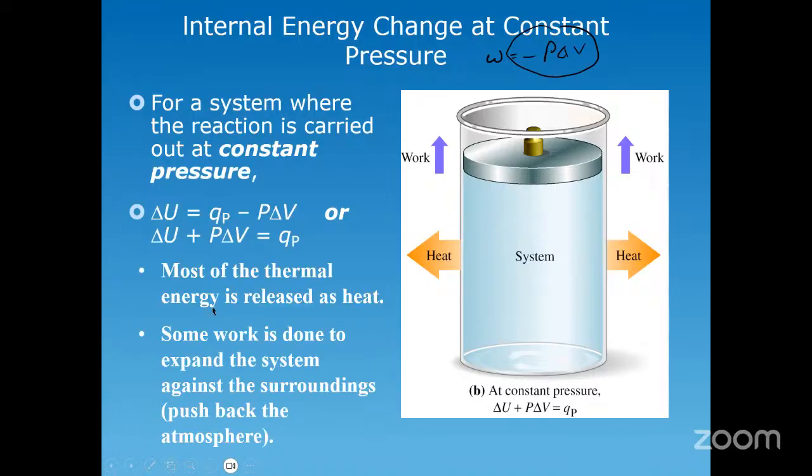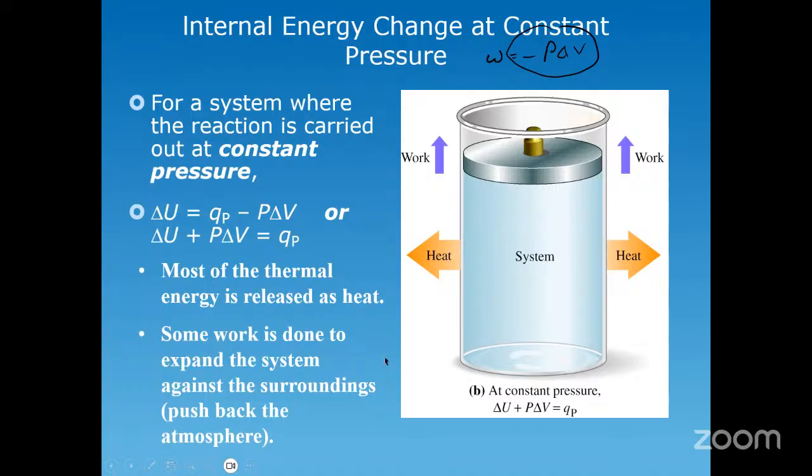So this is what happens in this particular case. In most cases when you do a chemical reaction, it's done under constant pressure conditions, and therefore this equation describes the energy changes that will take place under those circumstances, right? So the way we can interpret this qualitatively is that most of the thermal energy is released as heat, but there's some work that is done to expand the system against the surroundings to push back the atmosphere, all right?